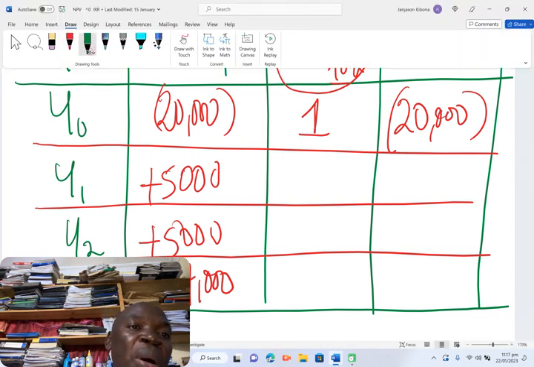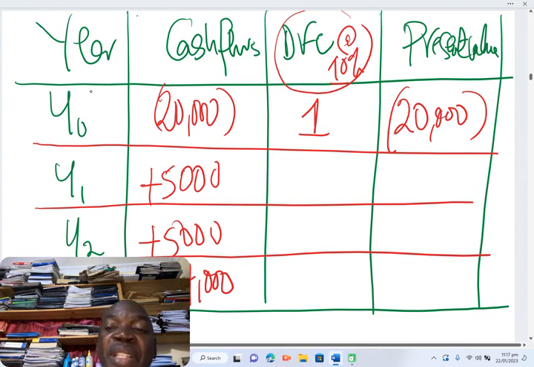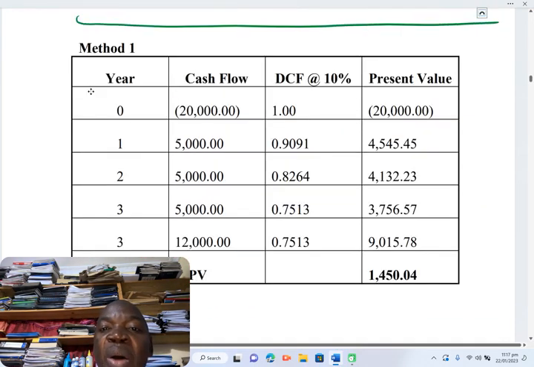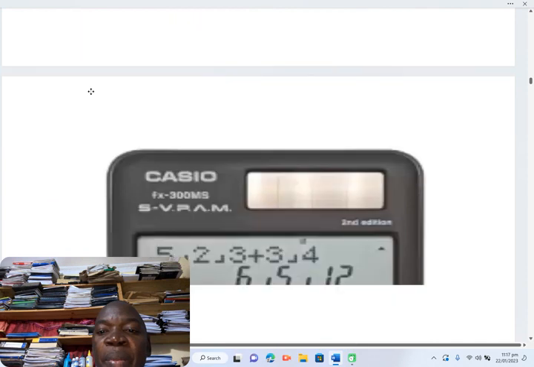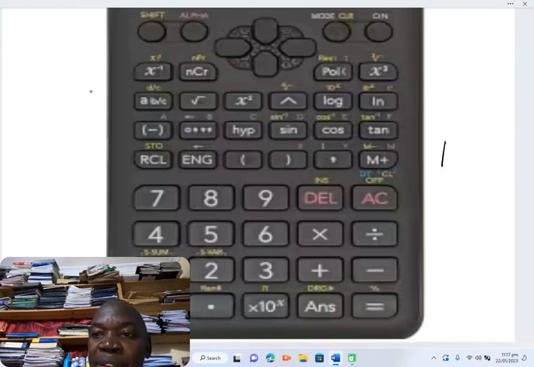So our computation relies on this 10%. How do you get those numbers? Using a calculator, you take 1 first, divide by 1, then place the equal sign.